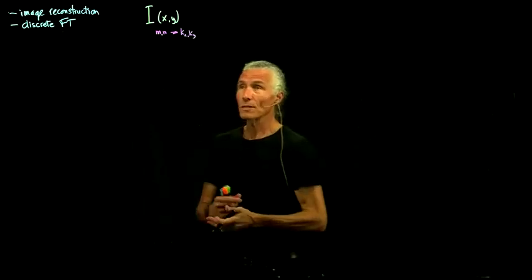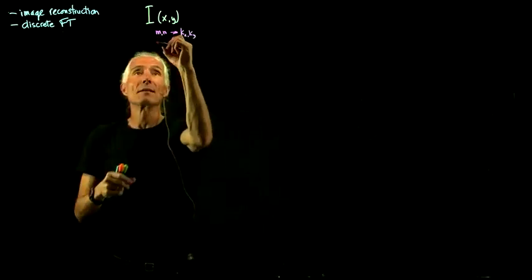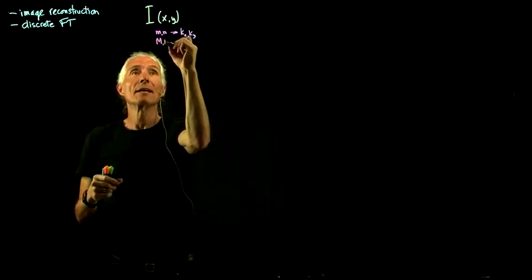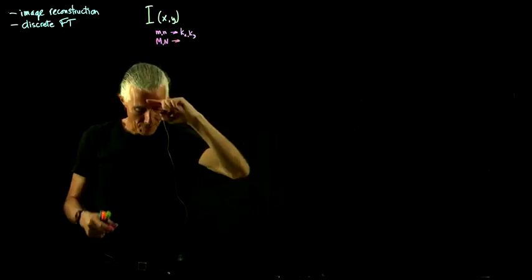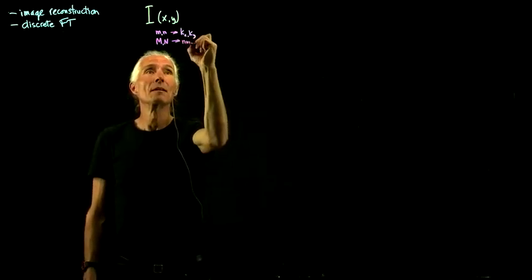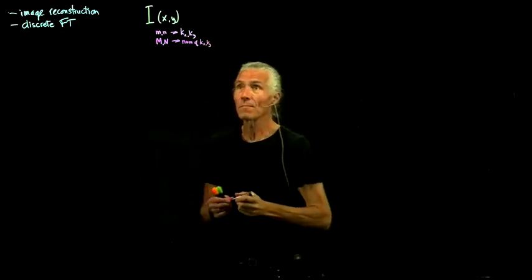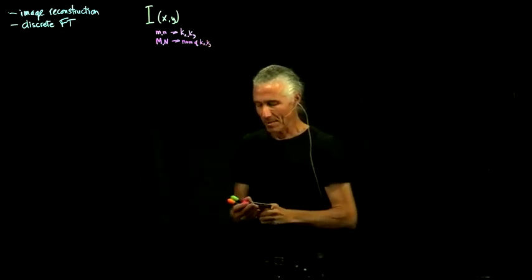So these are integers, like 1, 2, 3, 4. And then M and N for the total number of kx and ky. So that's what the M and N are.